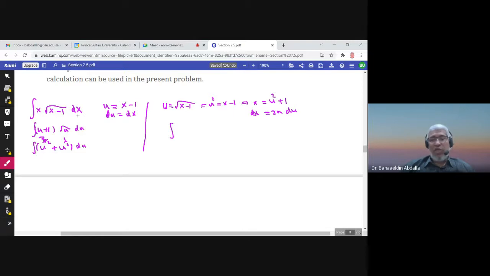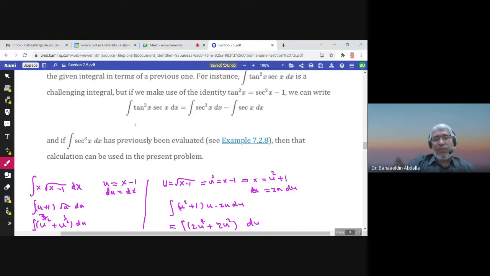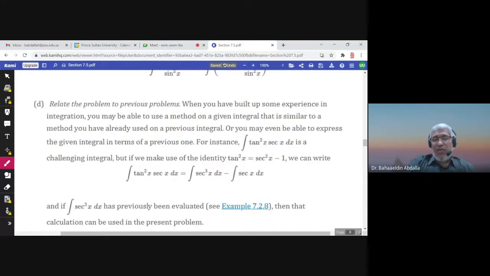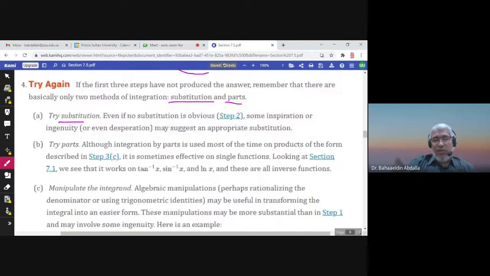So you can change the integral: x as u squared plus 1, square root of x minus 1 is u, and dx is 2u du, so it would also be easy to solve. It would be 2u to the power 4 plus 2u squared du, and you can continue from here. So you can solve this problem in two different ways: rationalizing substitution or usual substitution.